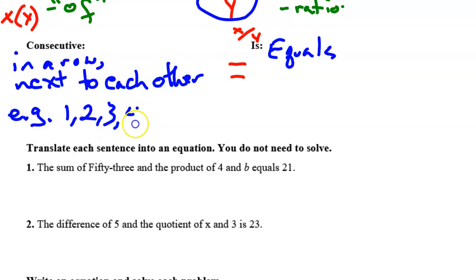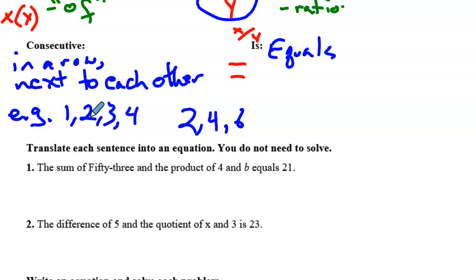These are all consecutive numbers because they're right next to one another. When we talk about consecutive even numbers, we would go 2, 4, 6. Those are 2 apart, and consecutive numbers are 1 apart. So that's all that consecutive means, just one coming right after the other.